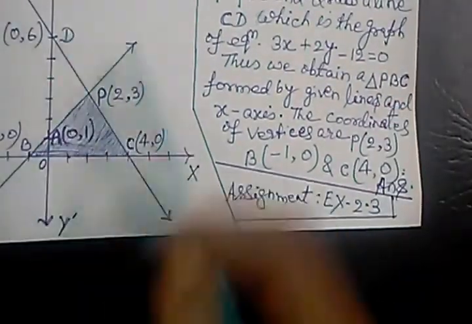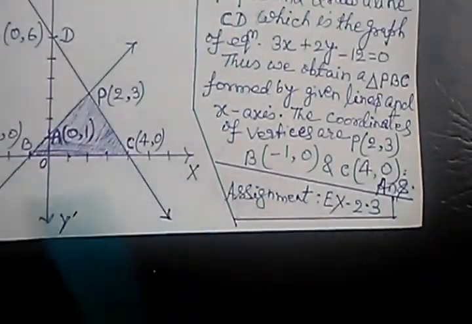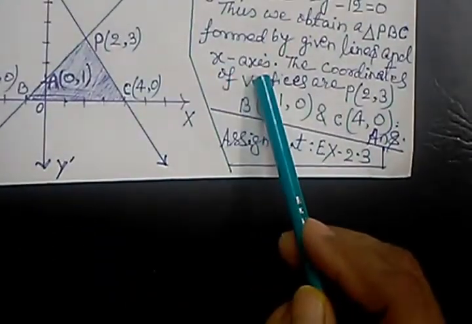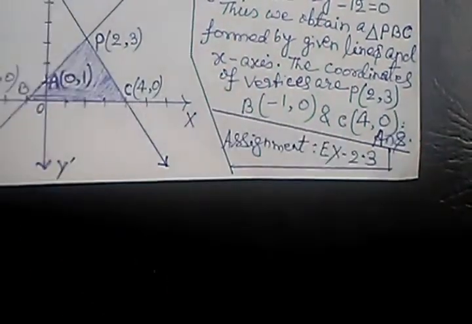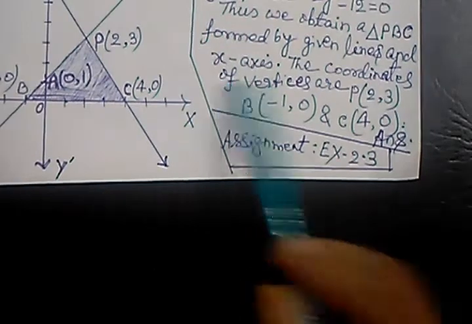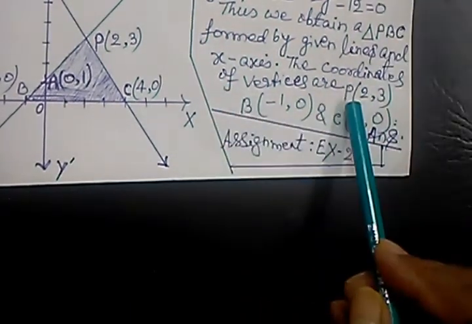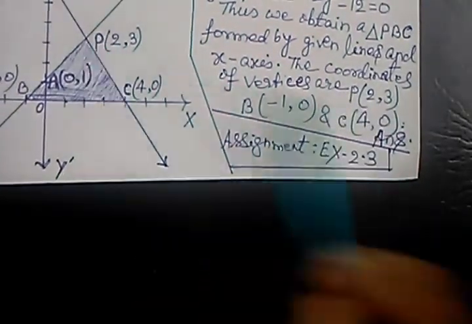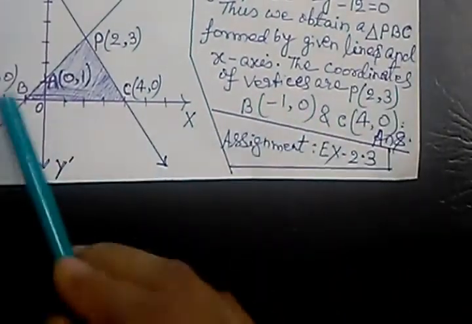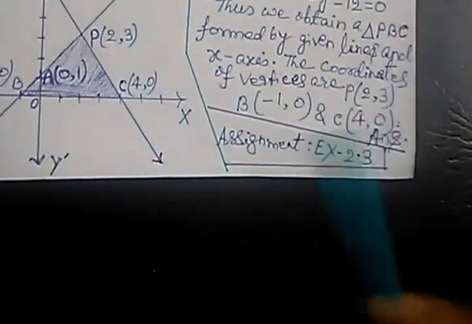These are the two lines and the x-axis. With the help of these three, a triangle is formed, that is PBC. PBC is the required triangle, whose vertices are P (2, 3), B (minus 1, 0) and C (4, 0).